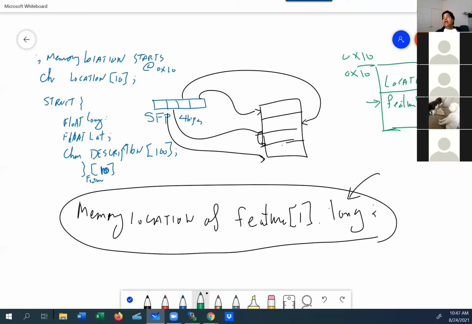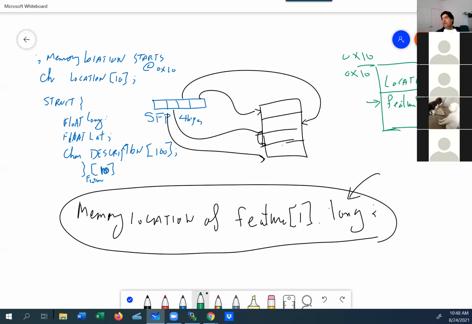So I got one answer so far of what that address is. I want the rest of you to think about it, because this is the kind of thing that might throw you off. We keep going between hex and decimal, so you've got to get a little bit comfortable with that. I have 10 locations, but the 10 is hex. So what would be the first location of feature 0?